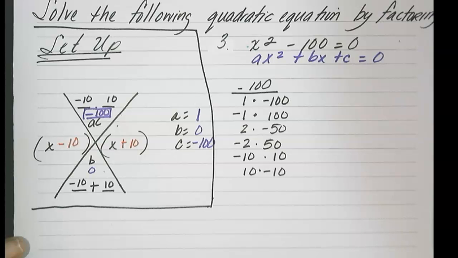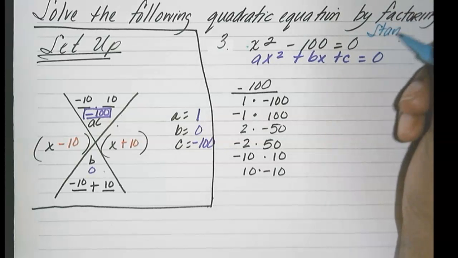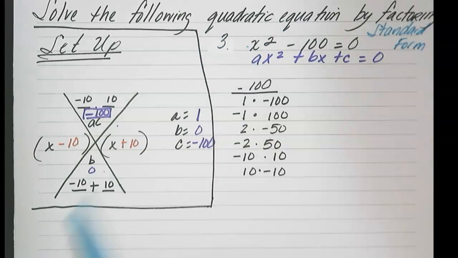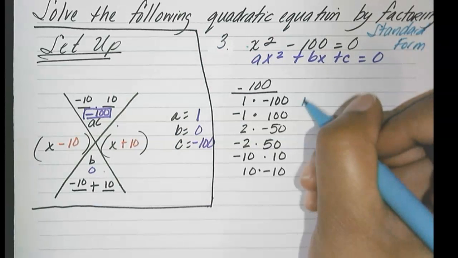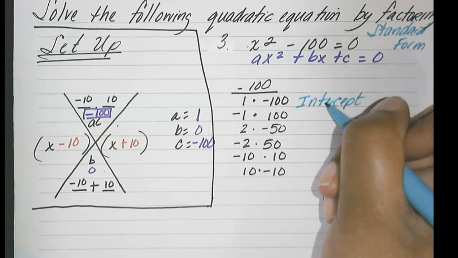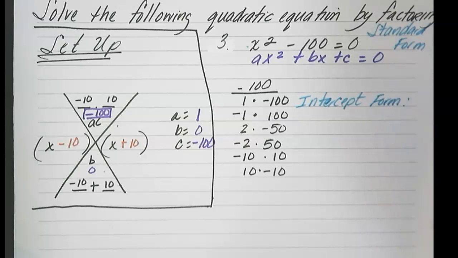Okay, so we just went from standard form and now we're going to write this in intercept form. Okay, I know that I'm throwing some vocabulary at you, but I feel like you can handle it.